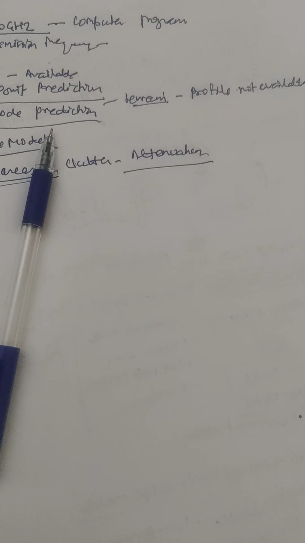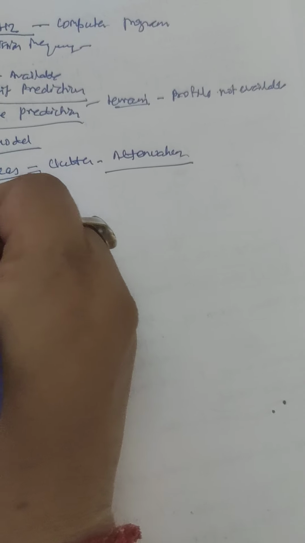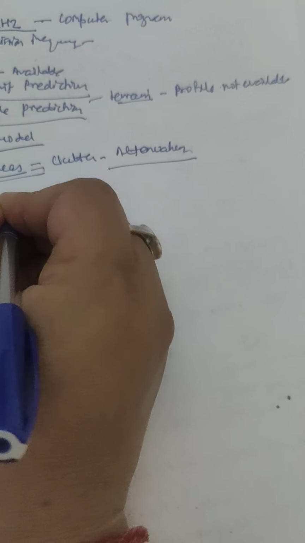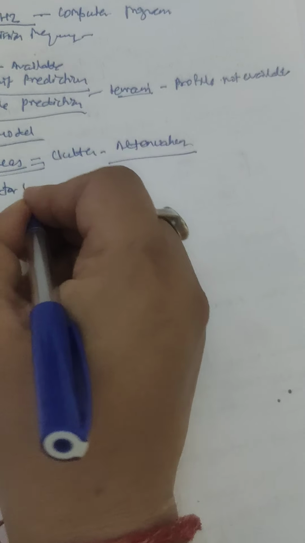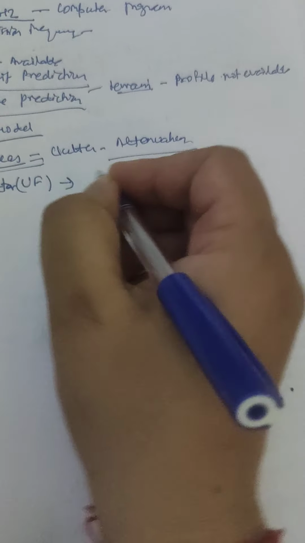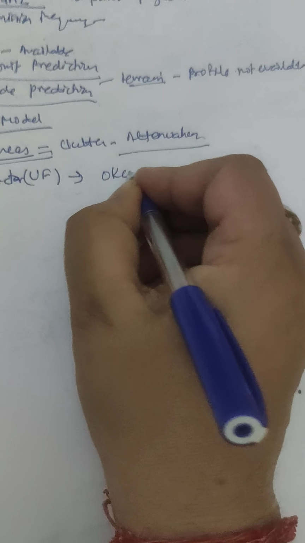This extra term is called the urban factor, and this urban factor has been derived by comparing the prediction by the original Longley-Rice model with those obtained by the Okumura model.